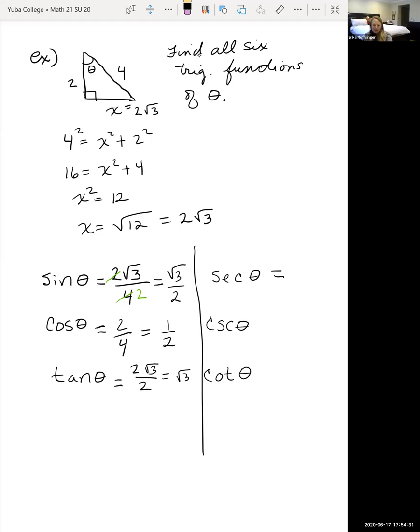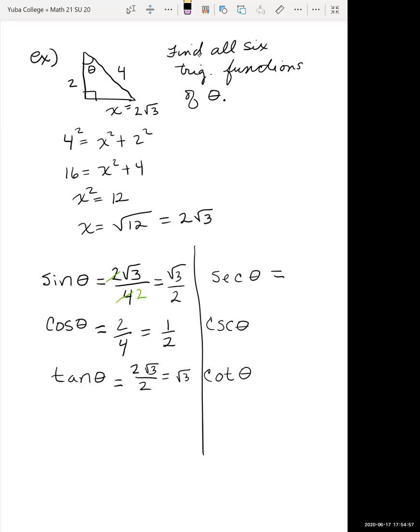Anyone disagree with that answer? I think maybe I did it wrong, but isn't it 1 over cosine? So wouldn't it be the hypotenuse over adjacent, over 2? You're correct. You might have gotten confused on where I wrote it, that secant was kind of next to the sine theta, and that would be the reciprocal. My bad. I flipped them around by accident.